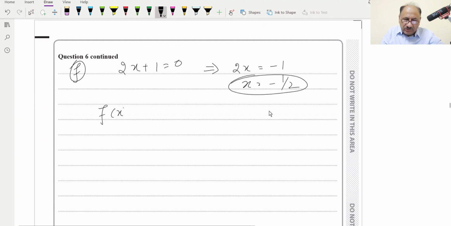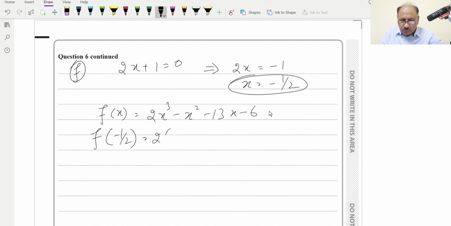So f of x is, which is given, 2x cubed minus x squared minus 13x minus 6. In this one we will find f of minus 1 by 2, and this will be equal to 2 into minus 1 by 2 cubed, minus minus 1 by 2 squared, minus 13 into minus 1 by 2, and minus 6.